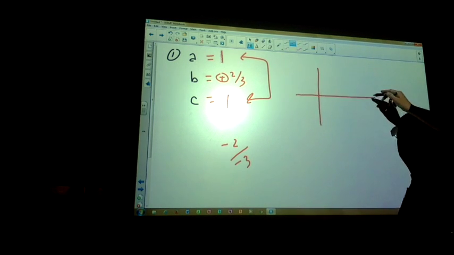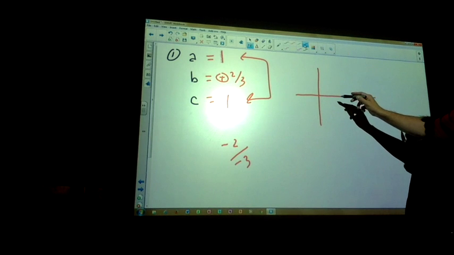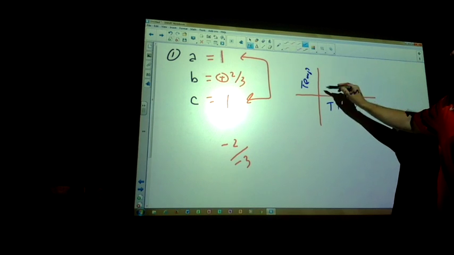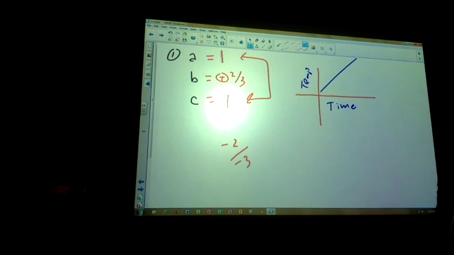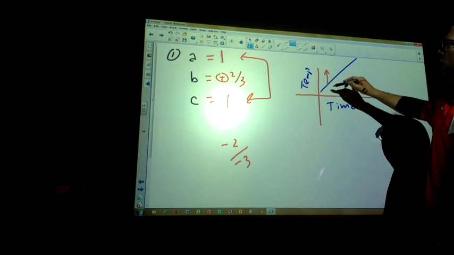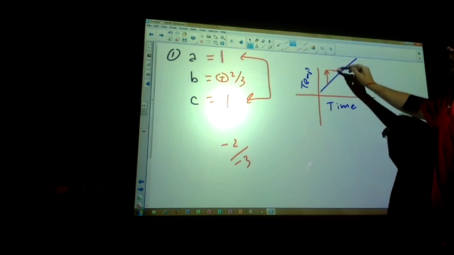If we had something labeled time, and we had temperature, would you say it's getting warmer as time goes on? Yes. So remember, you go in this direction first, and then in this direction.